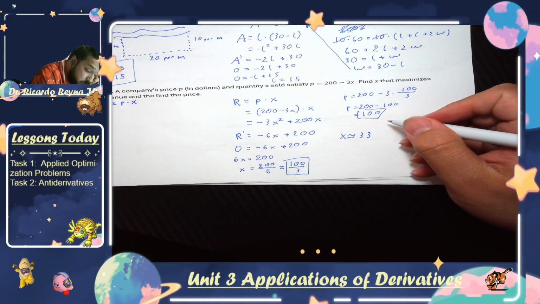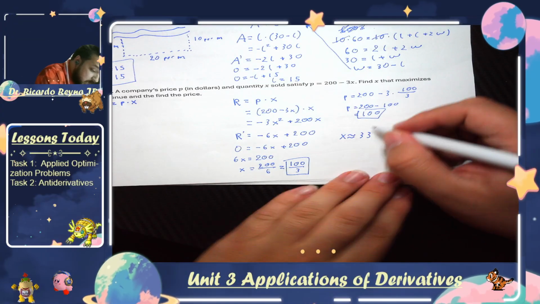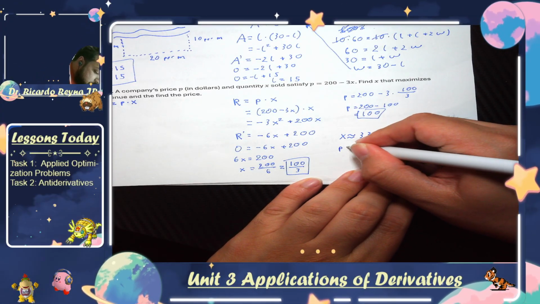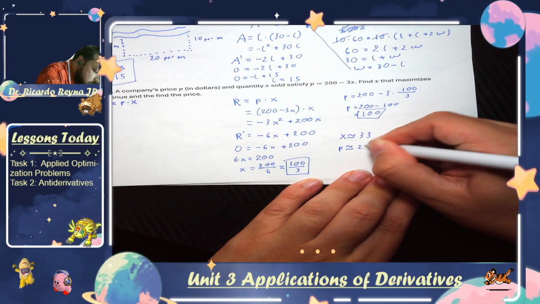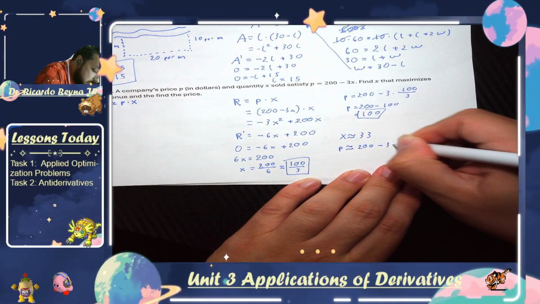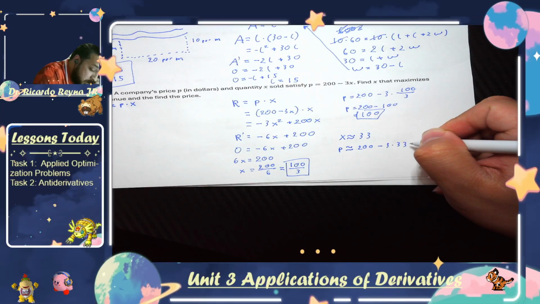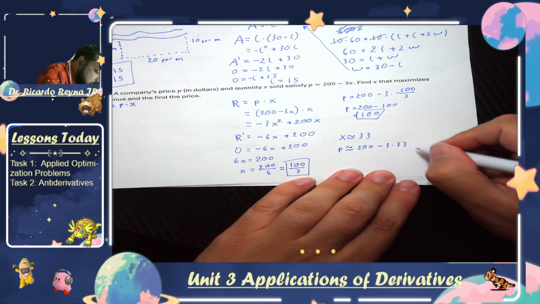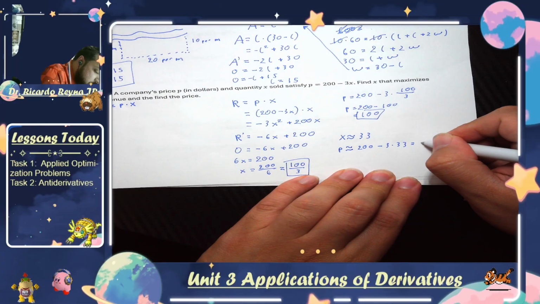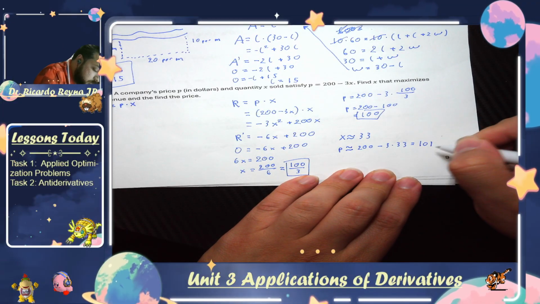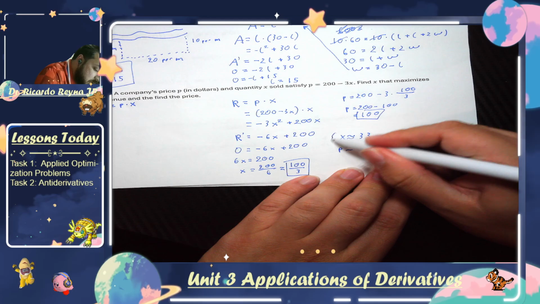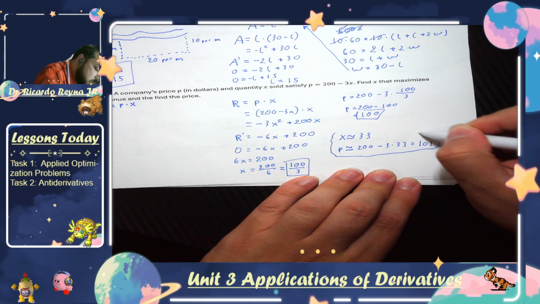And then if that's true, then if we plug that into P, 200 minus 3 times 33, which is going to be 99, then you're going to have 101. So this is also kind of a solution as well.